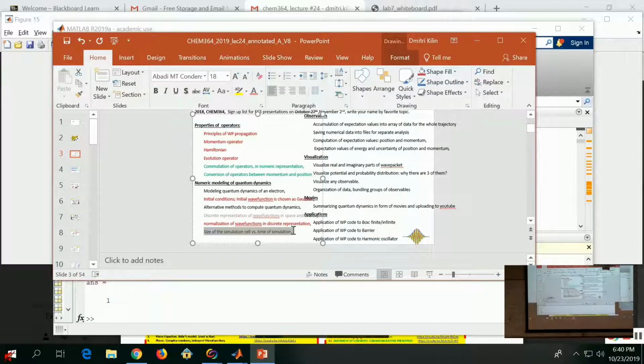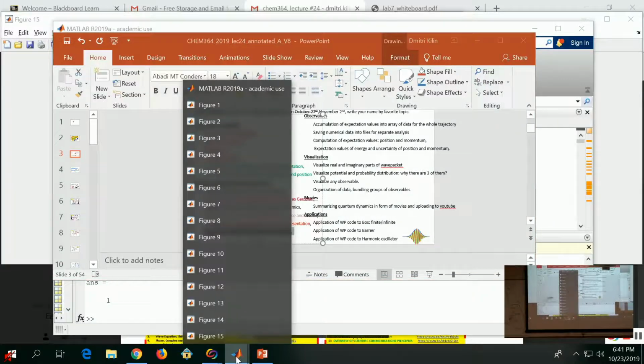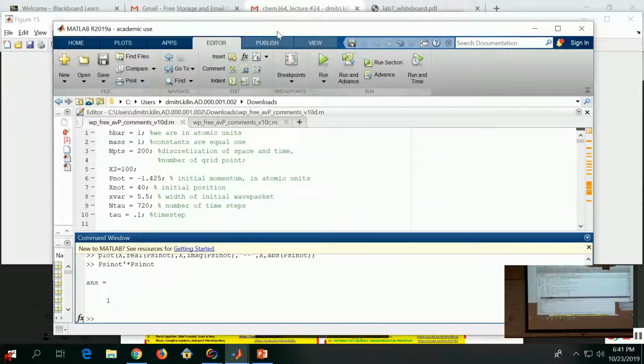Size of simulation cell versus time of simulation. Did you observe the wave packet go through the walls and come back, reappearing from the other side? Yes. So when we are modeling the momentum operator and Hamiltonian and all other stuff, there is always the question of what to do if we have a limited size of discrete steps. What do we do with borders?